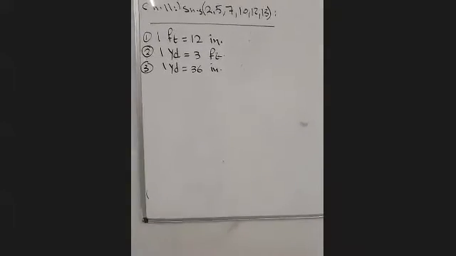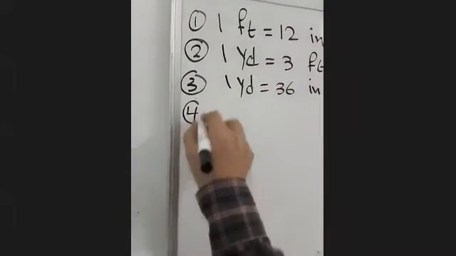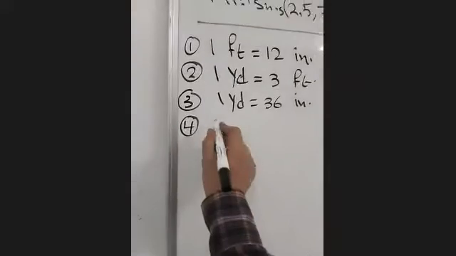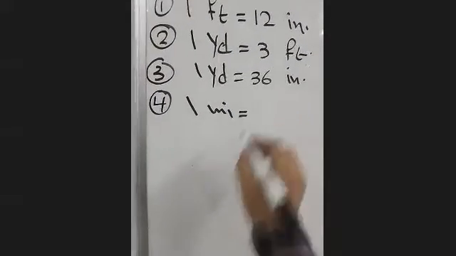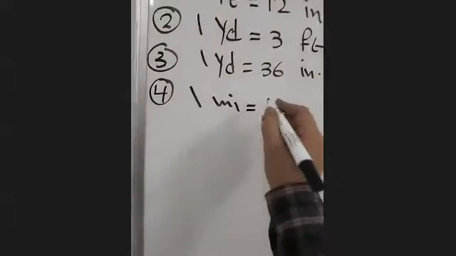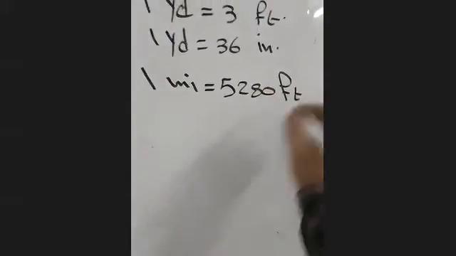Copy with me, guys, so you make it easy for you. 4, what do we have? Each 1 mile equals 5,280 feet.